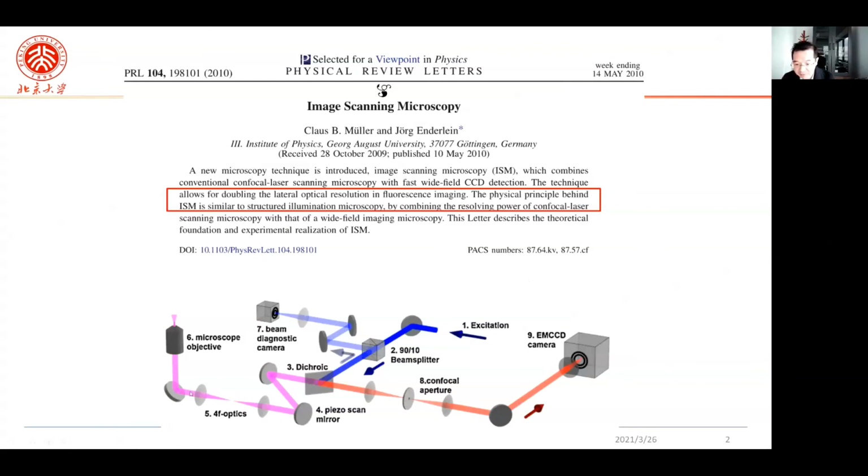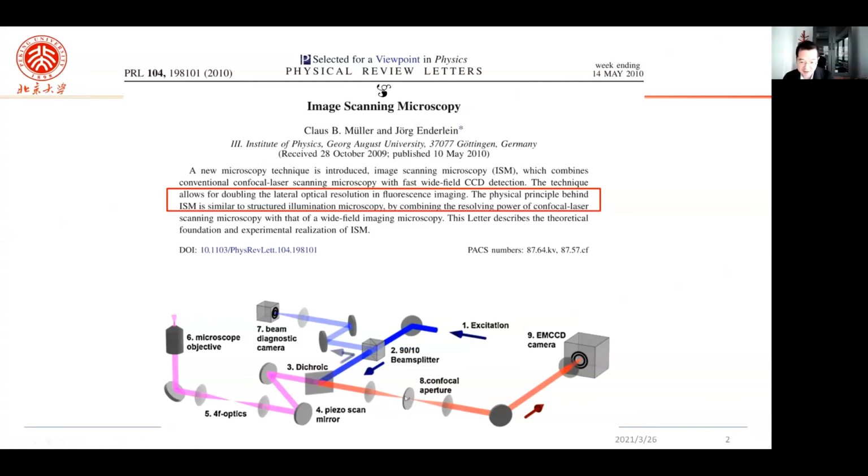So the optical beam path is shown here. It looks complicated, but if you follow the excitation, beam splitter, dichroic, and then the scan mirror, and all the way through the microscope objective, and when it passes back, it goes to the confocal aperture.